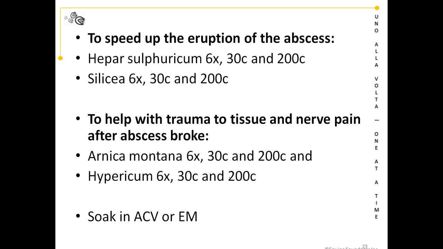And then once the abscess has broken, I give Arnica montana, also in 6x, 30C and 200C for trauma, and Hypericum in 6x, 30C and 200C for nerve pain. You can give the Hypericum already for nerve pain when the abscess is still happening.